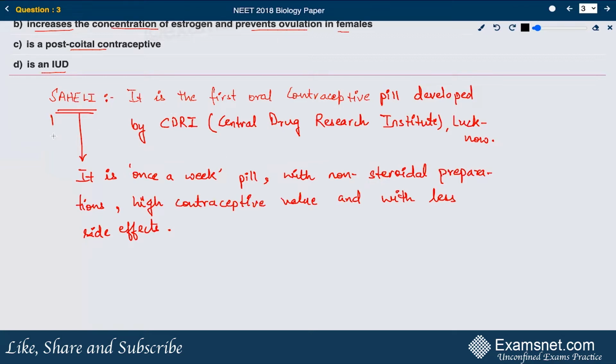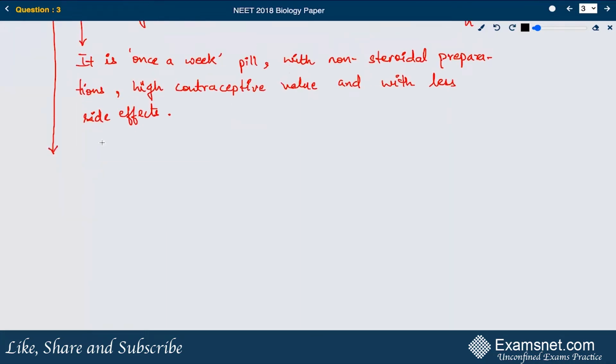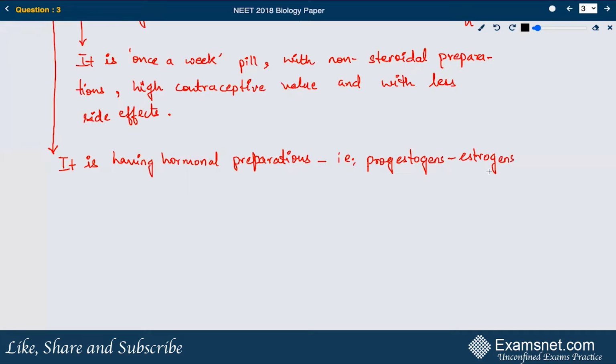So Saheli is having hormonal preparations, and the hormones that make this pill are basically the progestogen-estrogen combination, that is progestogens and estrogen combinations.